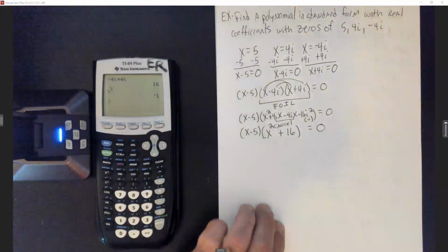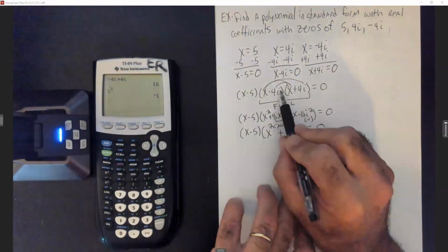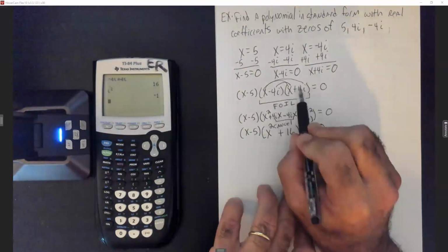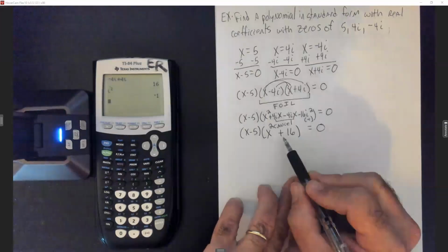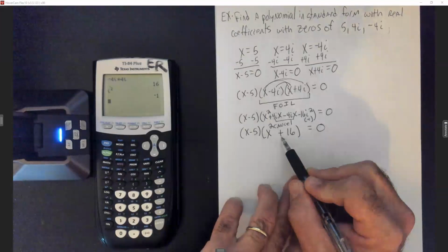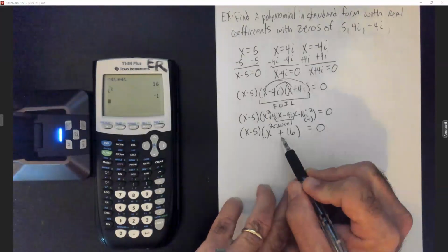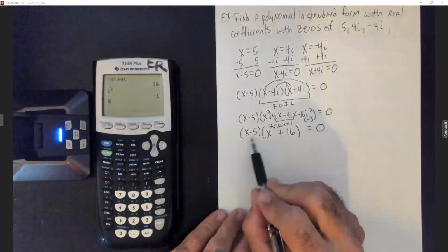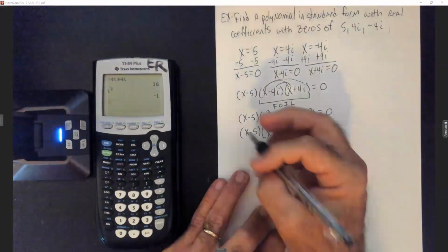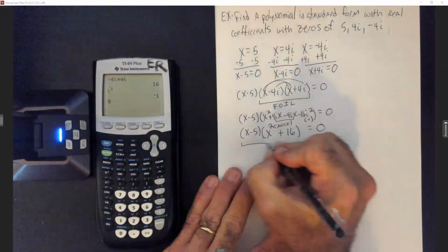So y'all, anytime we FOIL conjugate pairs of imaginary numbers, it always ends up being positive, okay? Always positive. Now, I got two things here. I'm now going to FOIL that together.